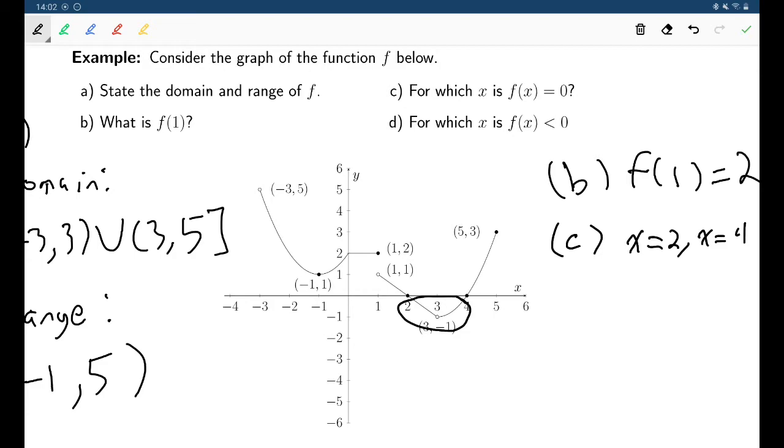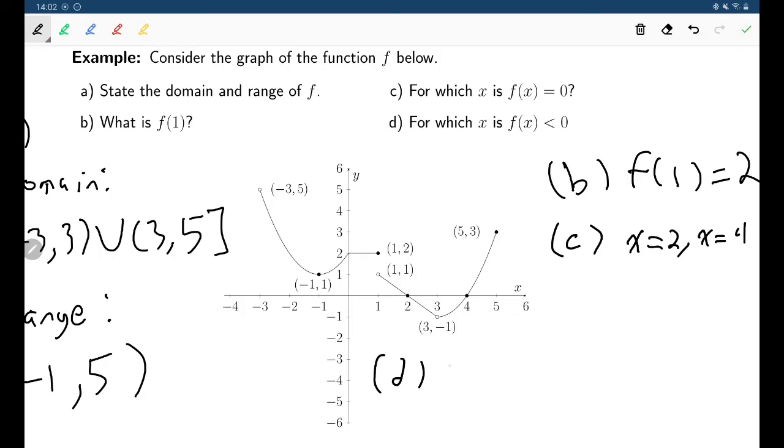Not including the 4, because at 4 the y value is not negative, it's 0. And also not including 3, because at 3 you would have no point at all, because (3, -1), that point is not included.